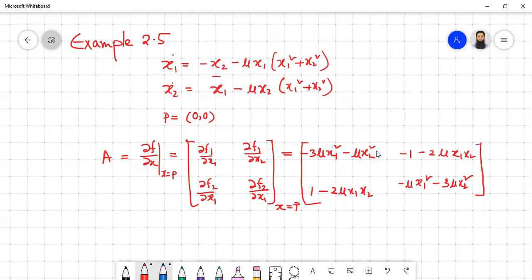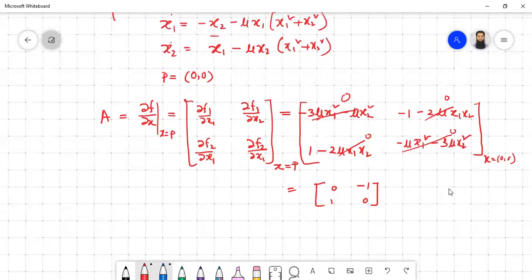Okay, so then you have to place your point, that is x equal to 0, 0. If you place that one, you can see this whole parameter will be becoming 0, this one becoming 0, this one becoming 0, this one is also becoming 0. So what will be left is 0 minus 1, 1 0.